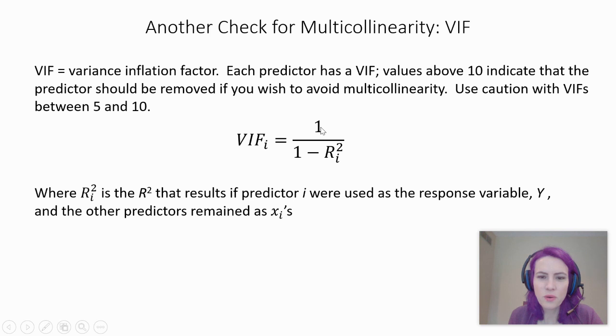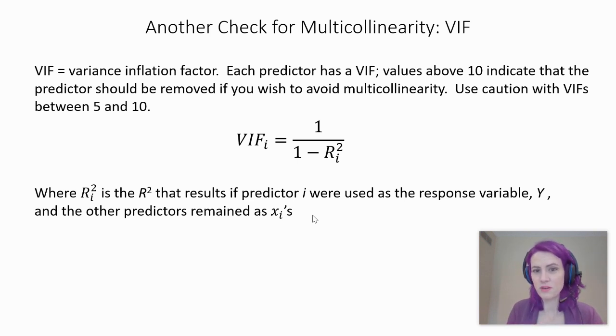You would take 1 over 1 minus R squared sub i, which is what R squared would be if this predictor was actually the response variable. So let's say for weight. If we wanted to calculate the VIF for weight, we would let weight be the response variable and use acceleration and quarter mile to predict it.